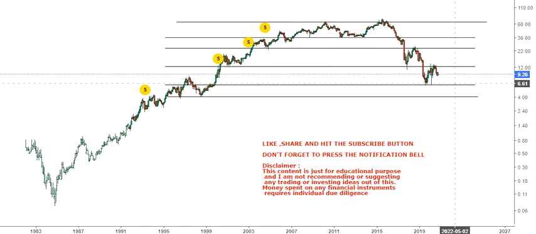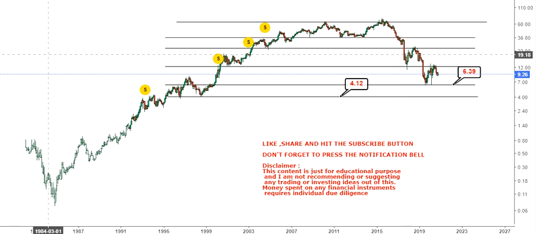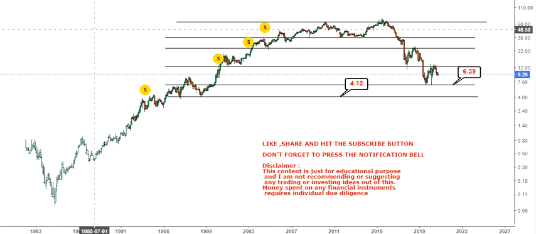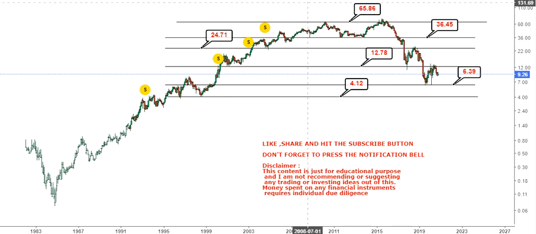In the long-term trend, you have your first support at 6.39. If it holds this level, then fine. Otherwise, it will move down to 4.2, as is already visible in the weekly chart. On the upside, you have your first target or resistance at 12.78, and then 24.71, then 36.45, and finally your bigger target or resistance at 65.86.